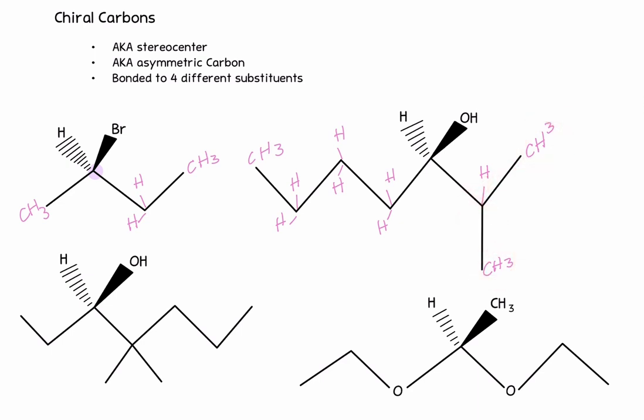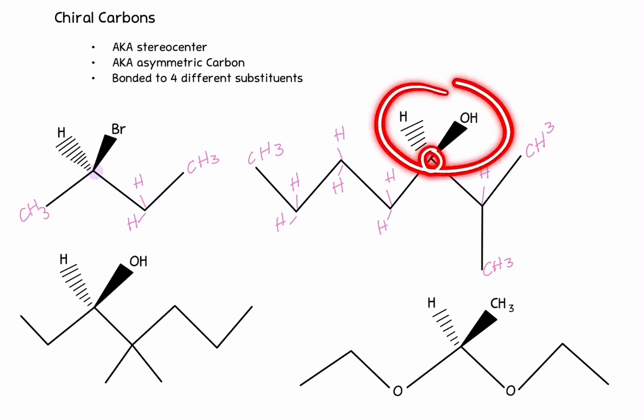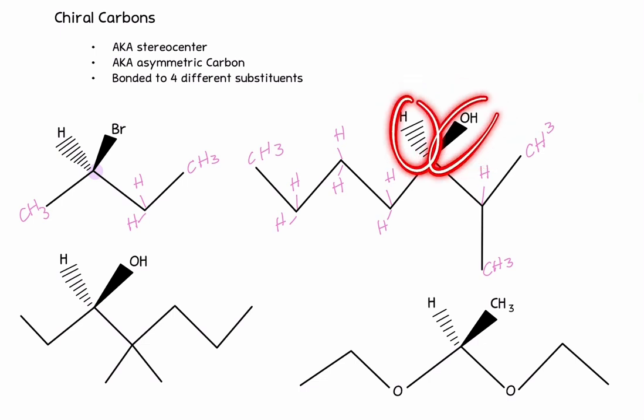The rest aren't either. Look at them, they're bonded to two hydrogens. This is bonded to three. So of course not. They need to be bonded to four different groups. So in this case, looking at our dash and our wedge, we have four different groups. So we found our chiral center, our chiral carbon.